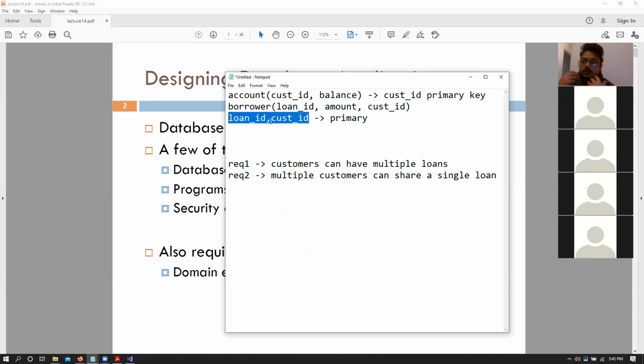But this does not make it obvious to the domain expert how this corresponds to the requirements, right? You are completely sure that this is what we need to do. But the domain expert has no idea what it means to have the loan ID and the customer ID be a primary key. Why did you make that choice? Because he or she has no idea.